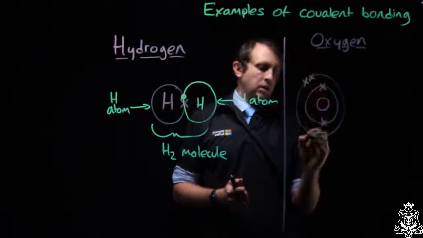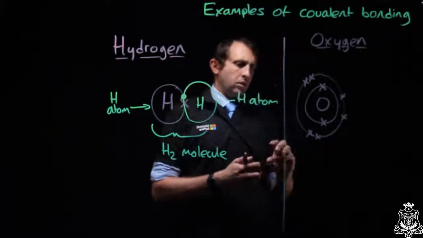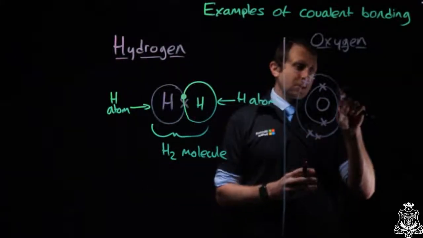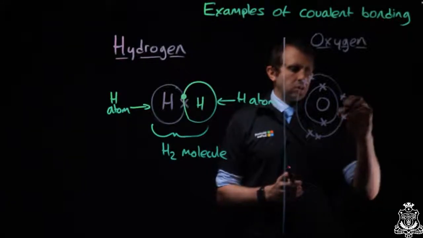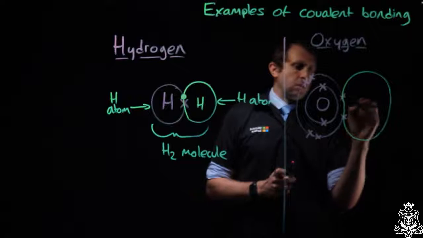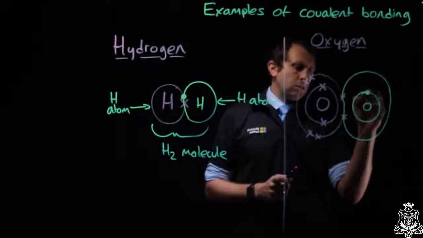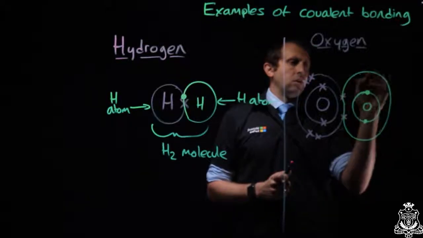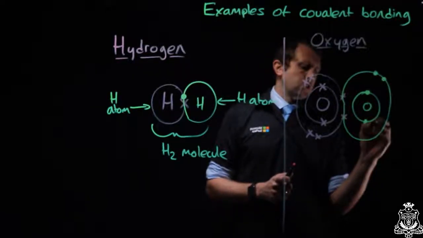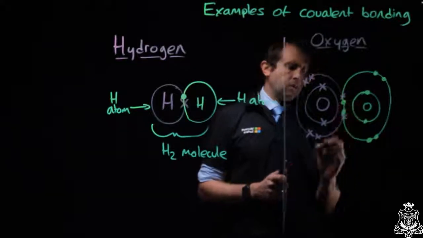I'm going to do 2 there, 2 there, and 2 there, like that. The reason I've done that is because these are the ones that are going to get shared with another atom. I'll do the outer shell first, then we'll do the inner one, and I'll just write oxygen there. 2 inside, and then 6 in its outer shell, but it's going to share 2 pairs.